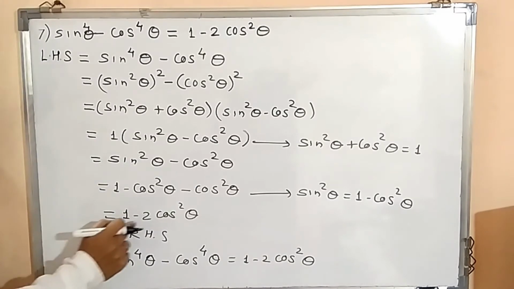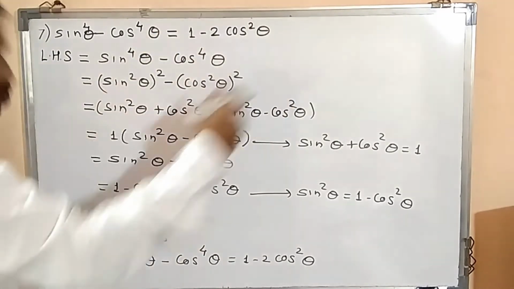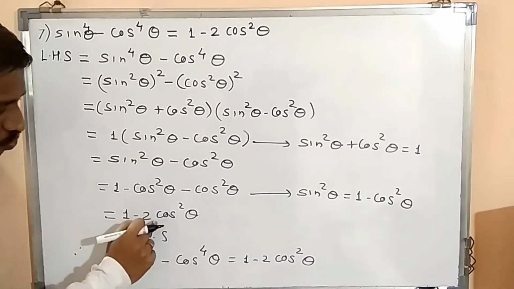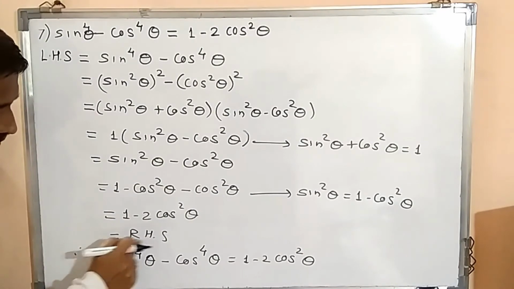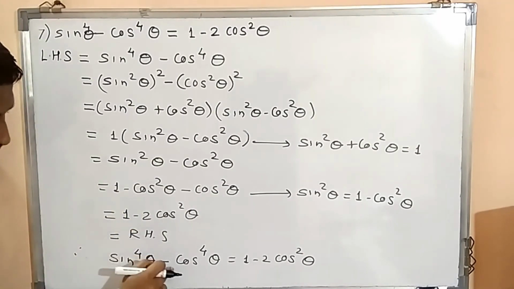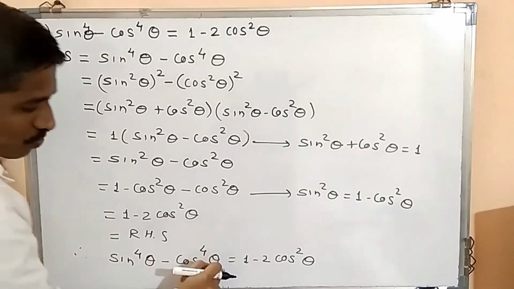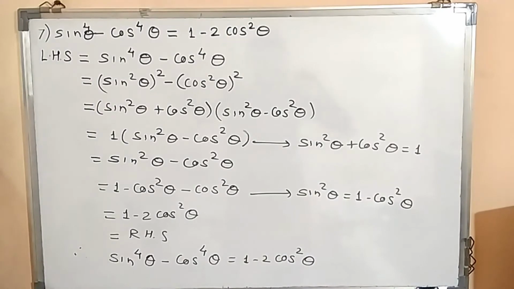That is 1 minus cos square will become minus 2. So 1 minus 2 cos square theta, and that is equal to right hand side. So what we have proved, sin raised to 4 theta minus cos raised to 4 theta is equal to 1 minus 2 cos square theta.